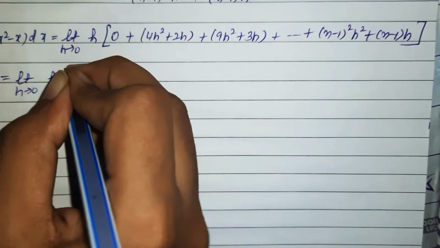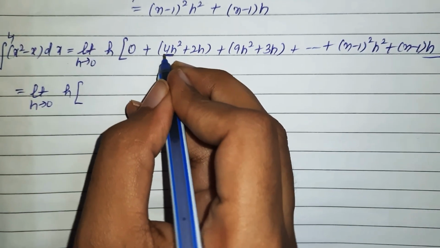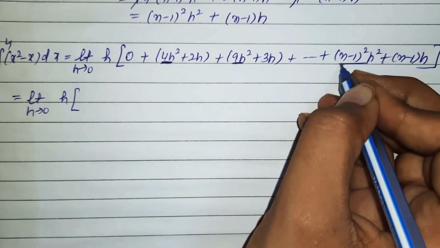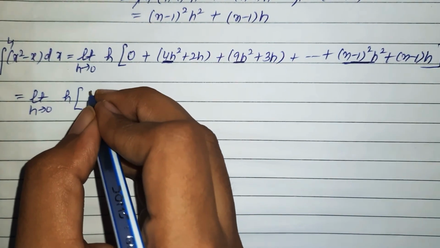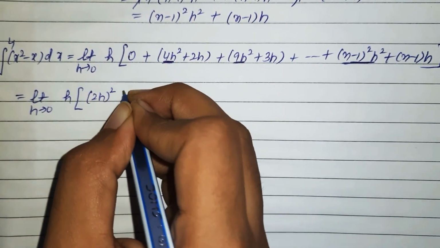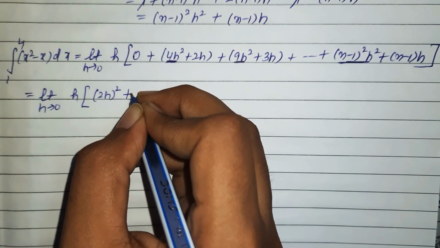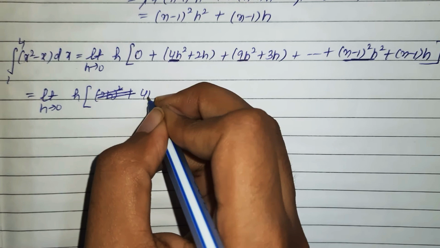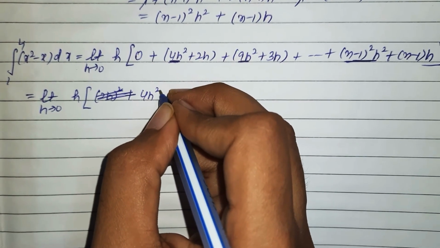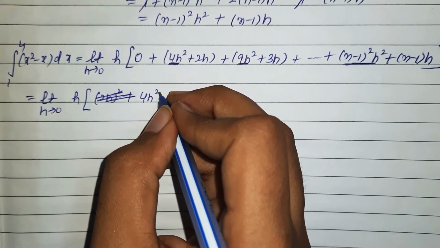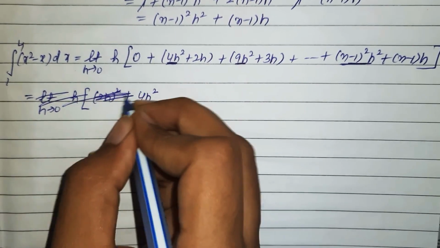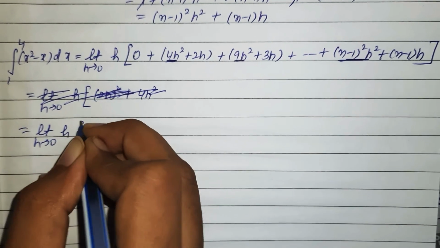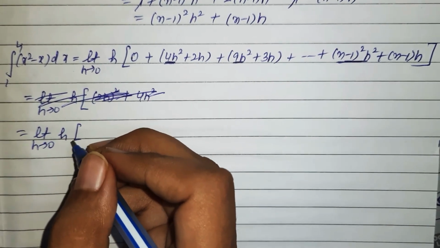Now see, 4h square can be written as 2h whole square, 3h whole square, n minus 1h whole square. Instead of doing this, what can I do? Write like this: 4h square, 9h square. We can attempt it like limit h tends to 0. Firstly, we'll take 2h, 3h.